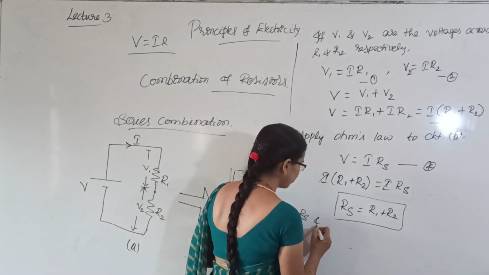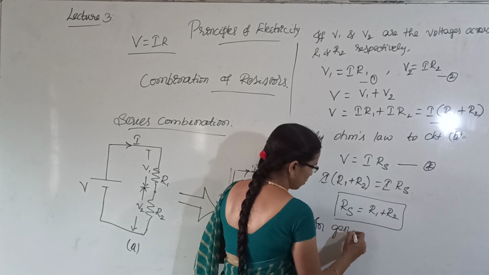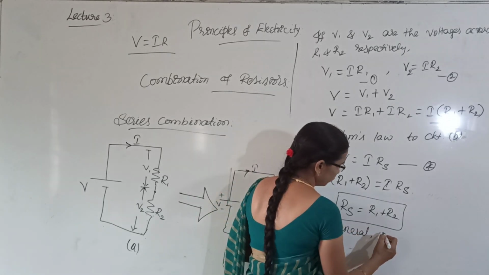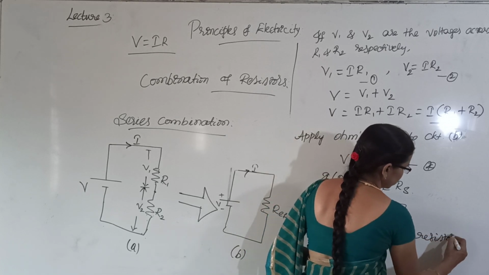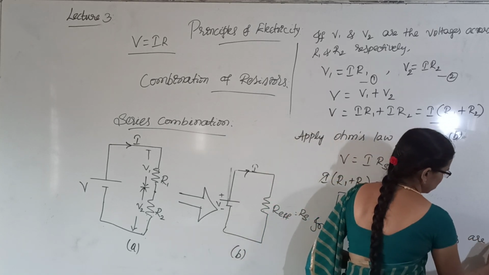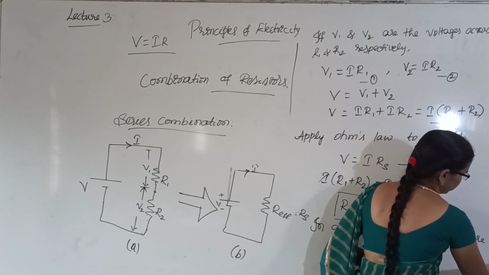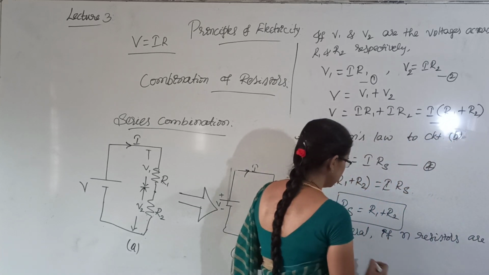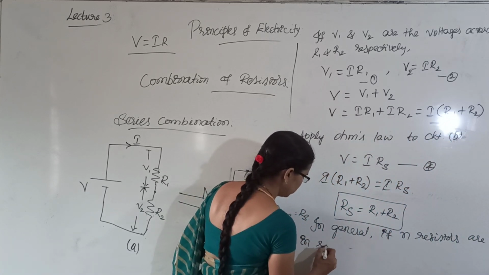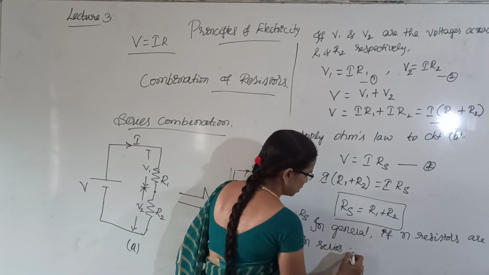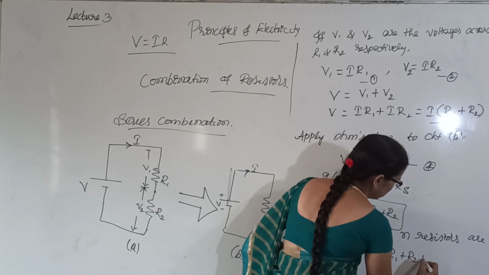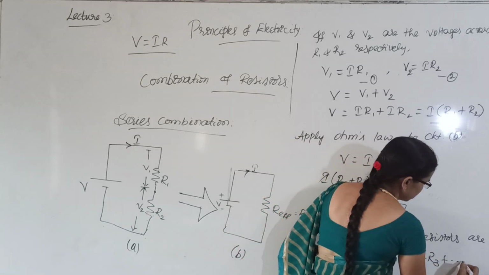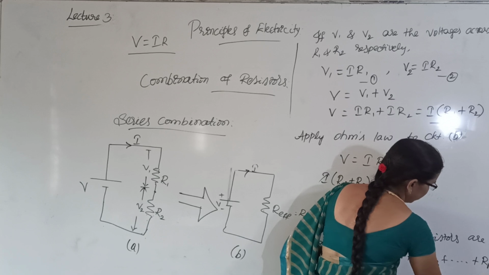In general, if n resistors are connected in series, then Rs is equal to R1 plus R2 plus R3 and so on up to Rn.